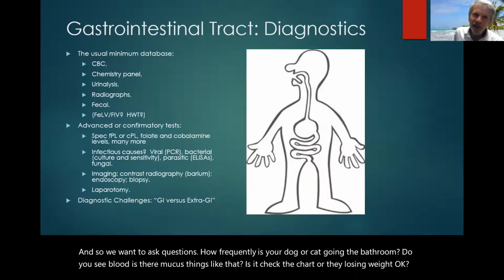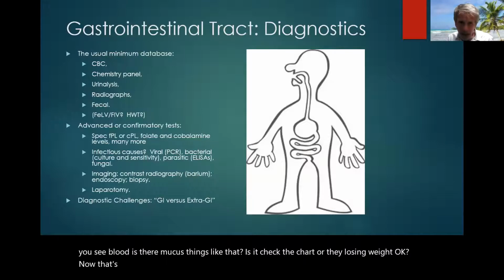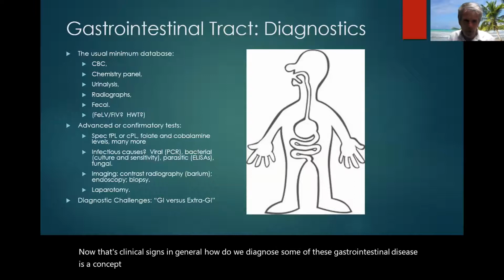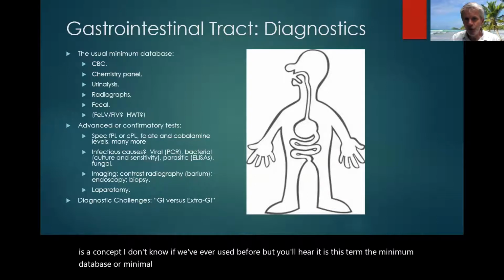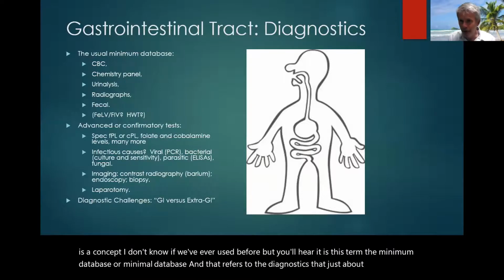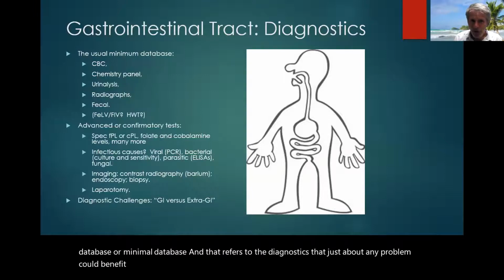Now, that's clinical signs. In general, how do we diagnose some of these gastrointestinal diseases? A concept I don't know if we've ever used before, but you'll hear it, is the term minimum database or minimal database. That refers to the diagnostics that just about any problem could benefit from. The book calls the minimal database a CBC, chemistry panel, and urinalysis.